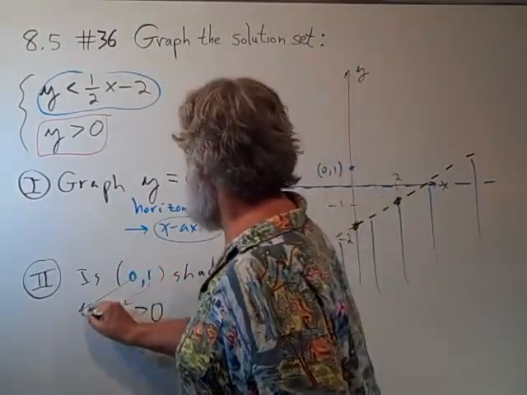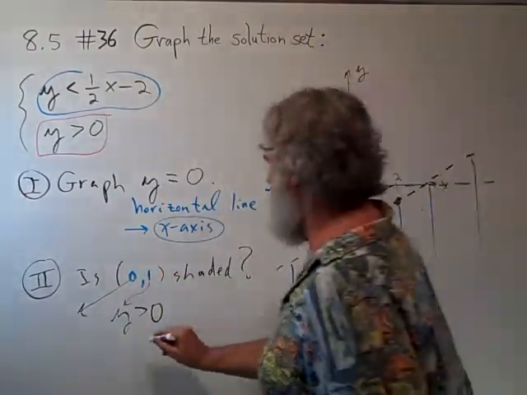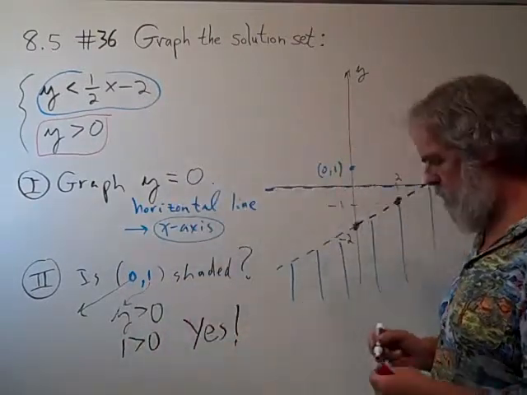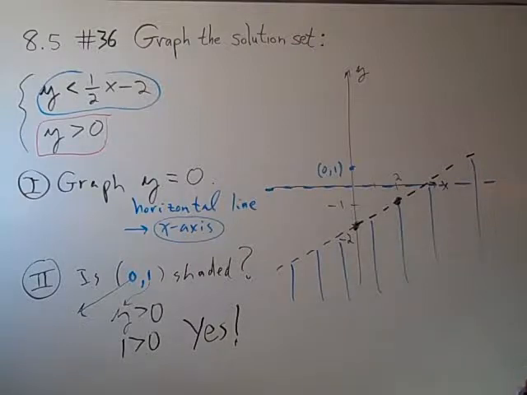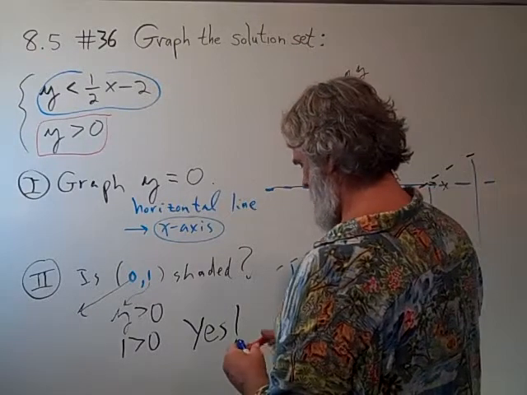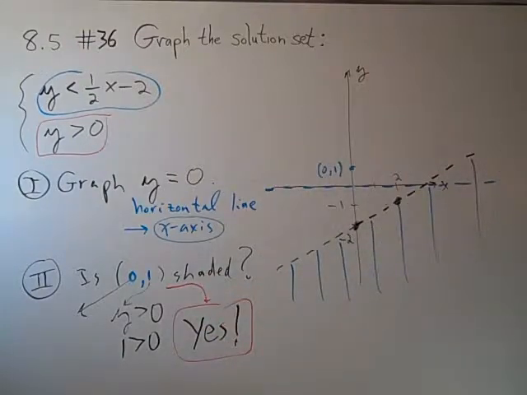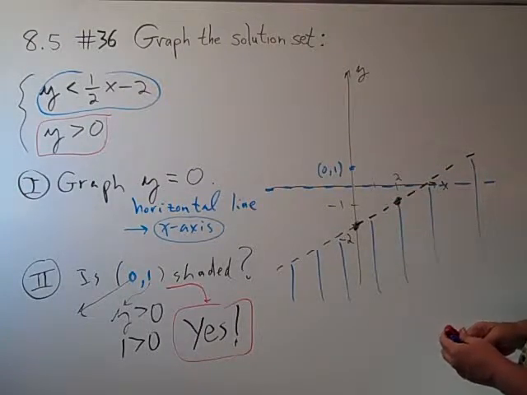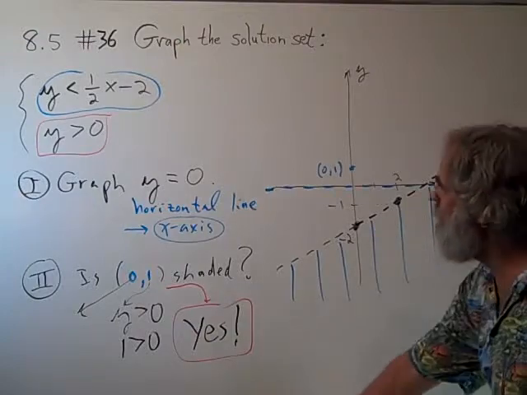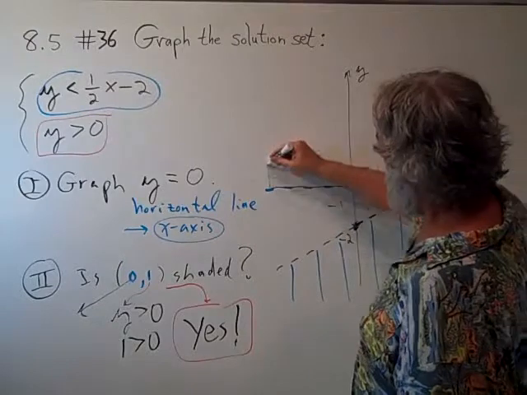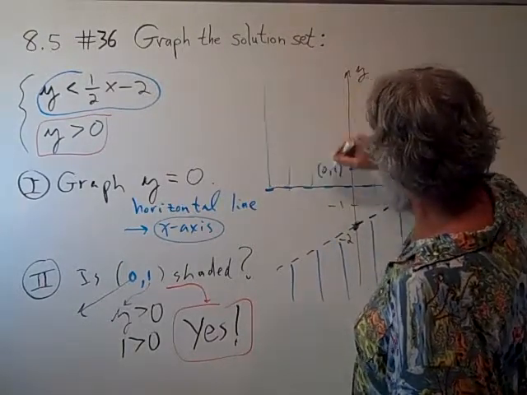The x we don't care about, there is no x. And since 1 is bigger than 0, yes. And not the origin, I mean the point 0, 1 is shaded. So it's the top side of this line, as we already saw, because y is bigger than means above. So it's the top side of this line that's shaded.